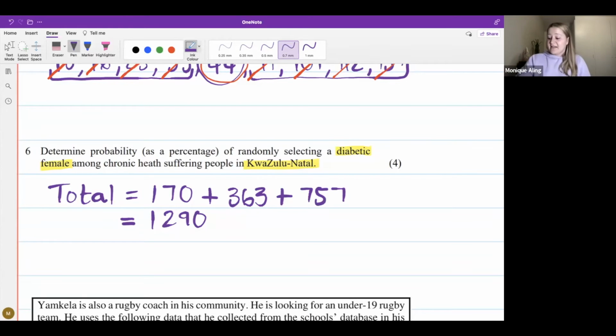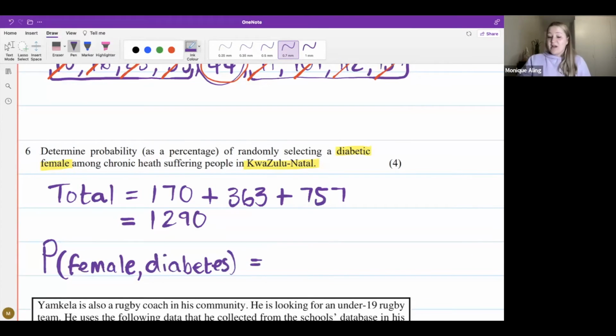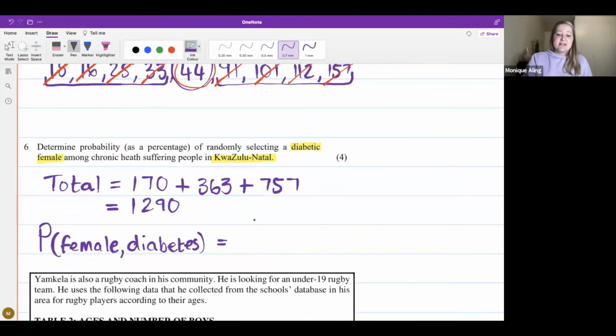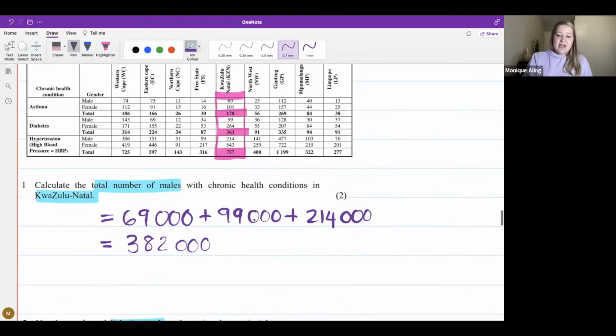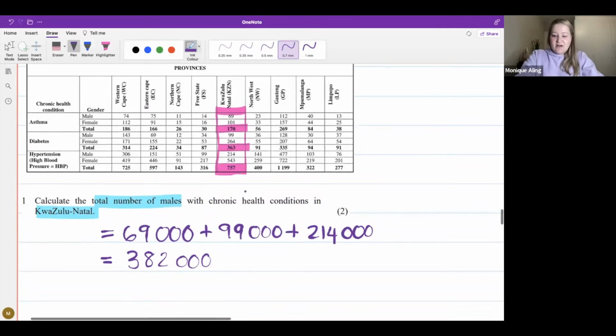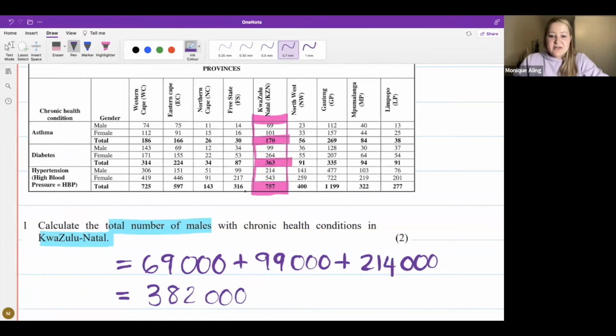But now we want to know specifically the probability of picking a female with diabetes. So we go and check how many females do we have that have diabetes? Sorry, it is maybe hard to keep up with the scrolling up and down. Diabetes females, there are 264. So remember when we work out probability, we always put it in a fraction first.